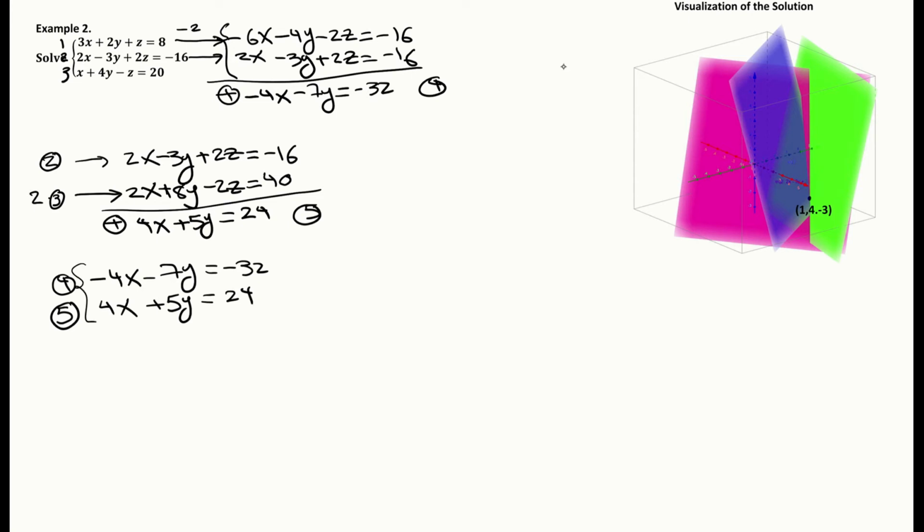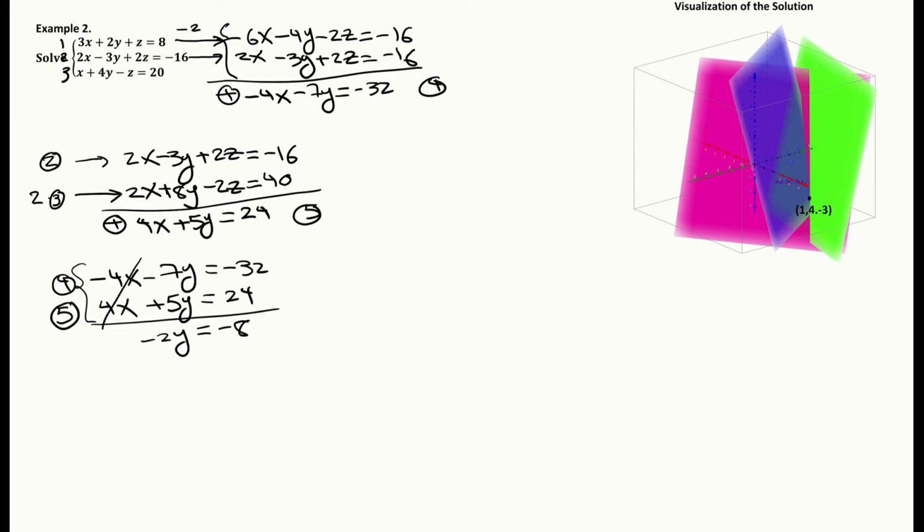Now we go ahead and combine those two equations to get the x's canceling out, and we get negative 2y equals negative 8.